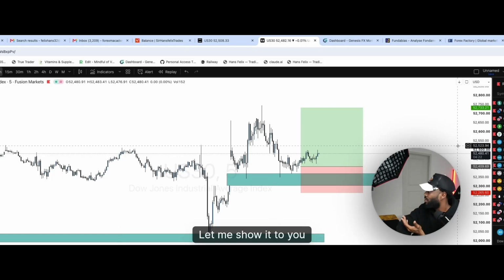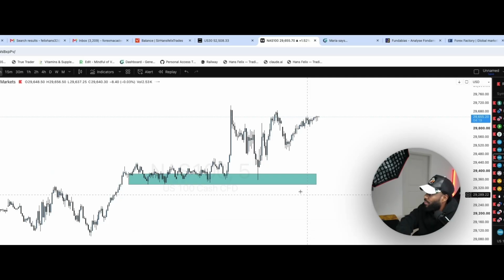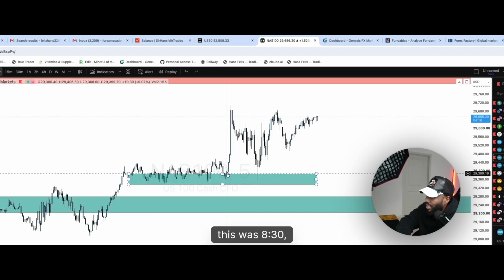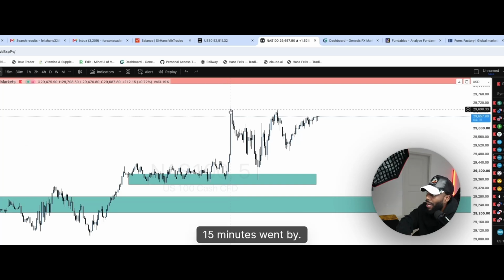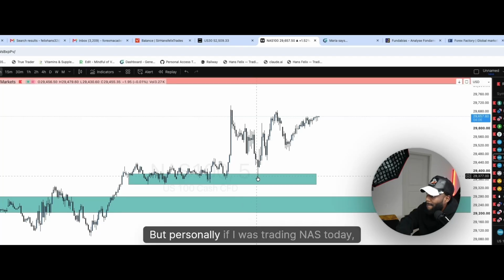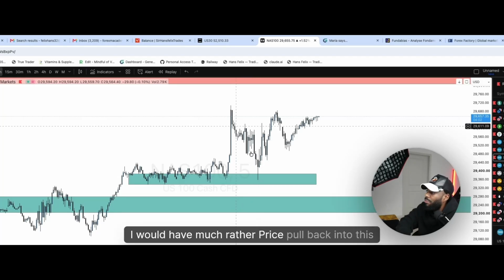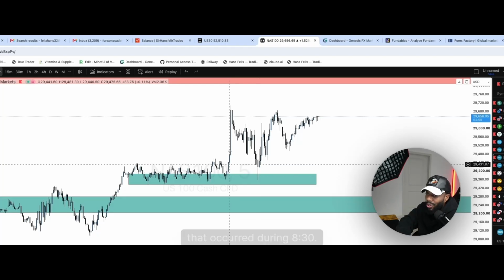Let me show it to you on Nas 100 for those of you who trade Nas 100. This was 8:30, right? Price took off. 15 minutes went by, and we noticed the price retraced. But personally, if I was trading Nas today, I would much rather have price pull back into the whole volume of the candle that occurred during 8:30.